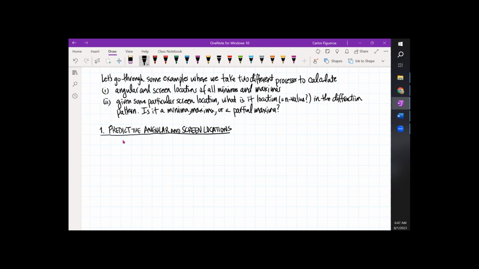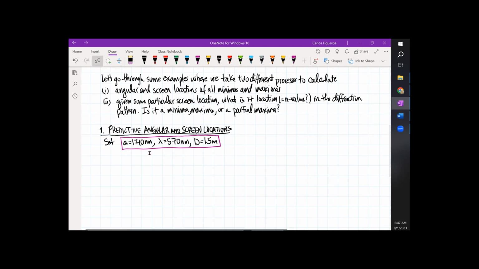So I need to give some values in order to do that. So what we're going to do here is that we're going to set A equal to 1710 nanometers. Lambda is going to be 570 nanometers. And the screen distance is going to be 1.5 meters. So these are the values that you have to assume in order to do these calculations. Otherwise, you wouldn't be able to do anything.